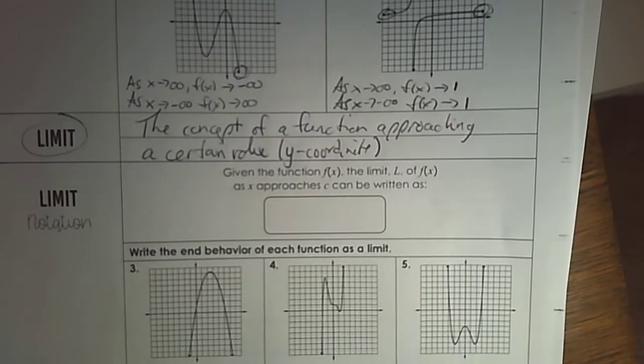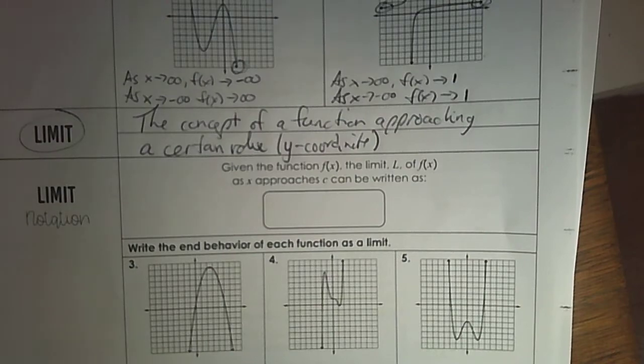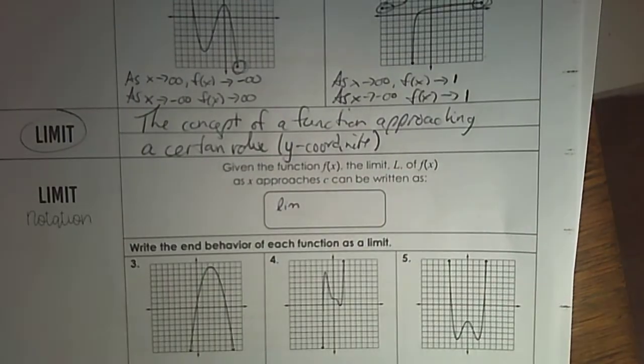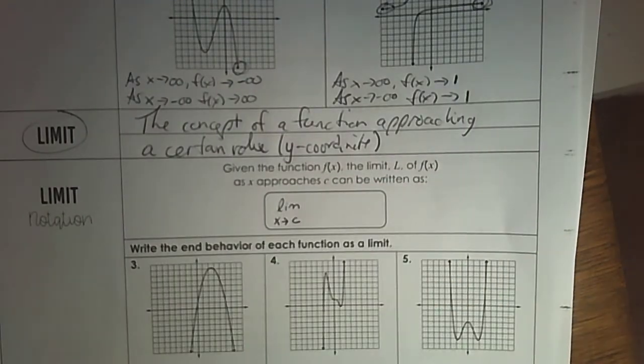So what does the notation of a limit look like? Here's your first introduction to something brand new. Instead of using the word limit, we use the shorter form, which is LIM, but that still means limit. Underneath that, we're going to say as x approaches, and whatever that value is, we'll just call it c. It could be infinity or any other number.